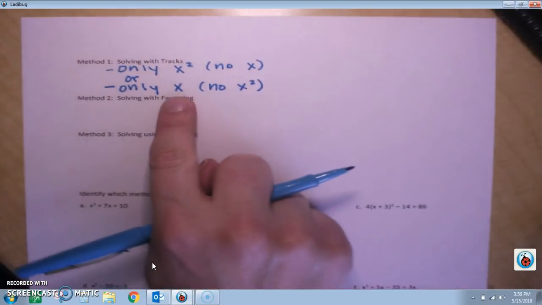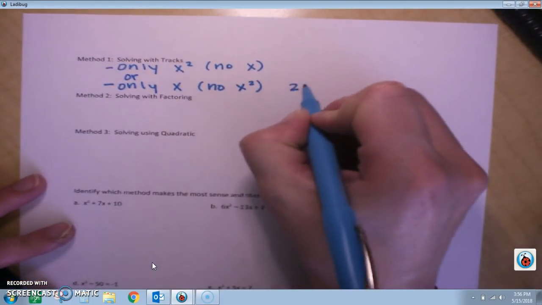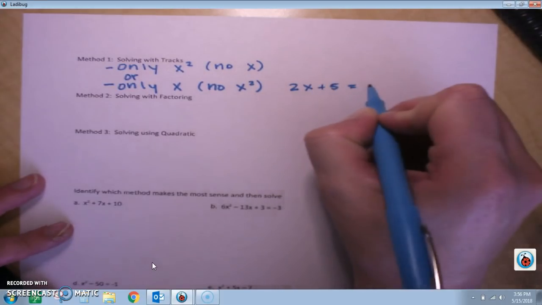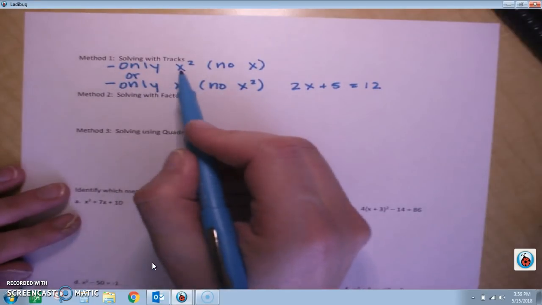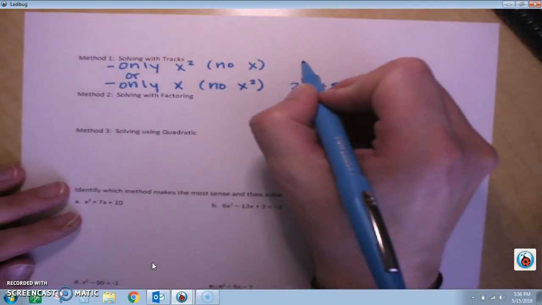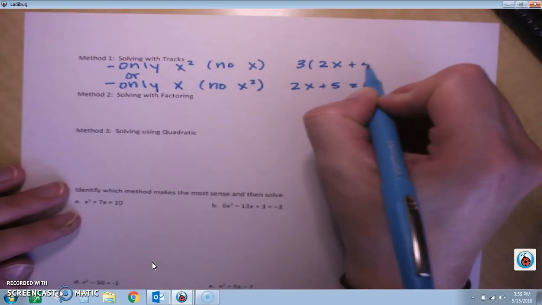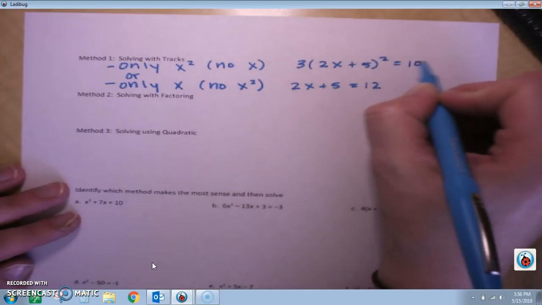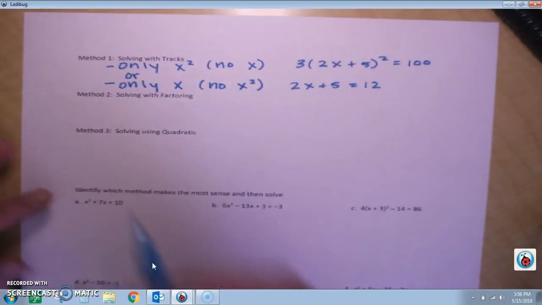So those are the very basic ones that we did at the beginning of the year, like 2x plus 5 equals 12. Very basic. You subtract 5 and divide by 2. Something that has an x squared but no x might look like 3 times 2x plus 5 squared equals 100. We did those a couple days ago, and there's some examples of those on the bottom that we'll do in a minute.